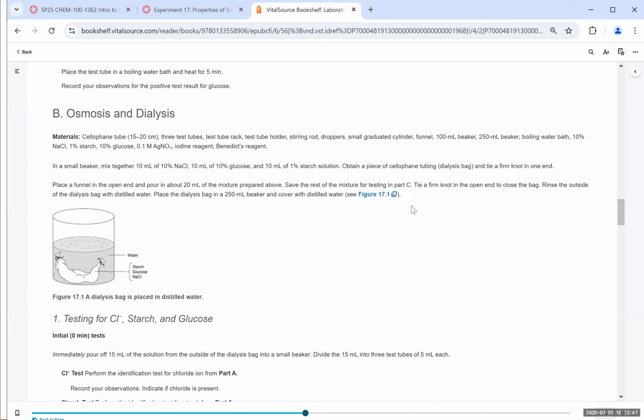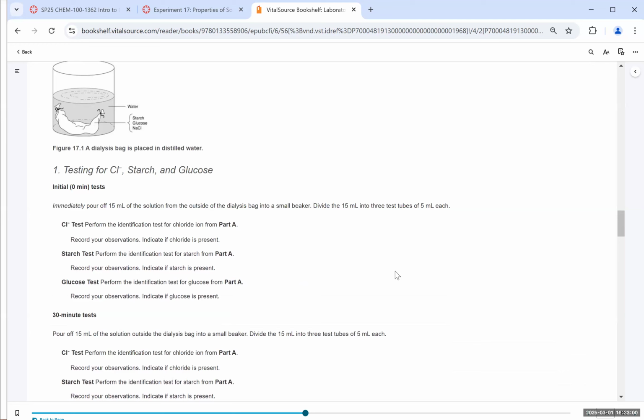So they're going to set up a dialysis bag containing starch, glucose, and sodium chloride. We're going to immerse the dialysis bag in deionized water. At the 0 minute test, we're going to pour out some of the solution from outside the dialysis bag and see what we observe in terms of the 3 chemical tests we performed.